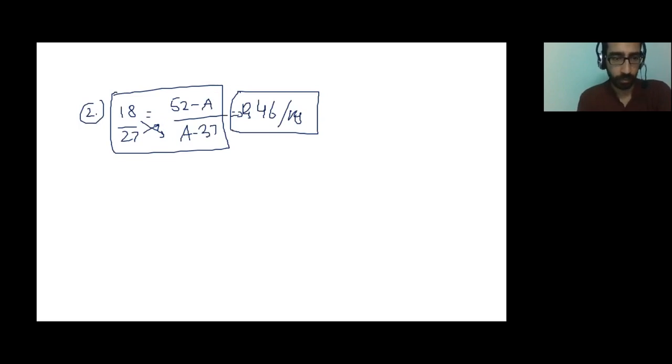It's very simple. Yeah, no need to try 3 and 13. Solve the others, please. And don't get stuck. If you get stuck, leave the question. We'll discuss it.